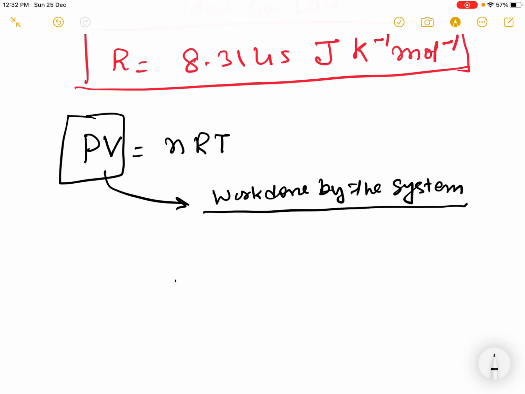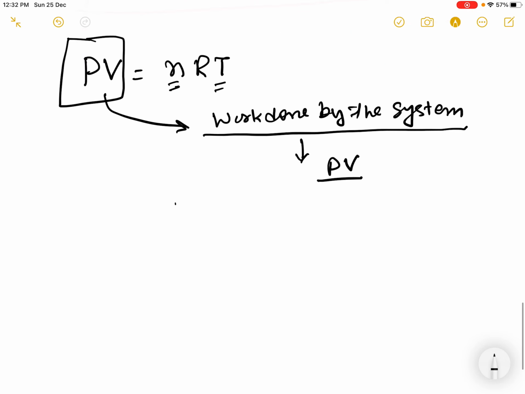When temperature or number of moles are changed and pressure or volume is changed, any of the parameter is changed, then some work is done by the system, and this work done is represented by P into V. How? Let us see.